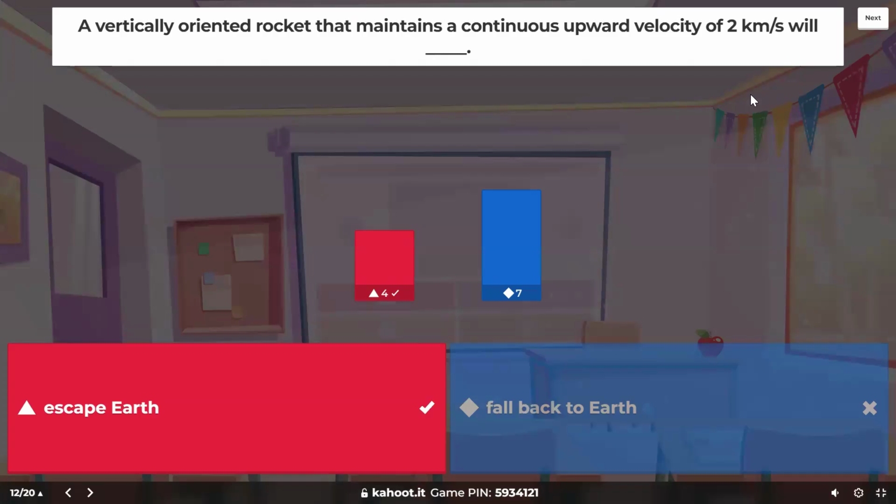Right? Guys, this is way less than that. Why can it still escape? The key is that continuous velocity. If you still have the engines on, you can still escape the gravity of the planet as long as you have the engines on. Think about it this way: what if there was a rope ladder from Earth to Mars? Do you think you could climb the rope ladder one rung at a time and still get away from the gravity field of the Earth? Yeah, just very slowly. You don't actually have to reach escape speed to escape the gravity of a planet, as long as you have some continuous force applied.